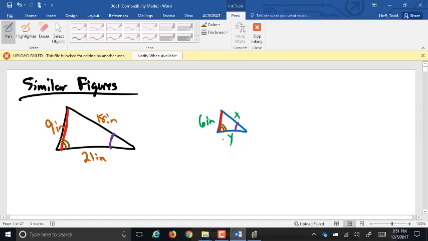And then, of course, the third angle has to be equal. Because we know that the angles of a triangle add up to 180 degrees, we only need to know that 2 out of the 3 are the same. That is the easiest way to tell that 2 triangles are similar, if the 3 angles are the same. As I said, if you know that 2 of them are the same, the third one has to be.